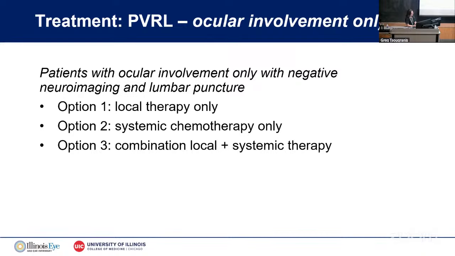And then lastly, there's a combination of local and systemic therapy. So even though there's no systemic disease at this time, the goal is to not only treat the eye, but also, with such a high rate of progression to CNS involvement, to hopefully decrease that dissemination with early treatment.